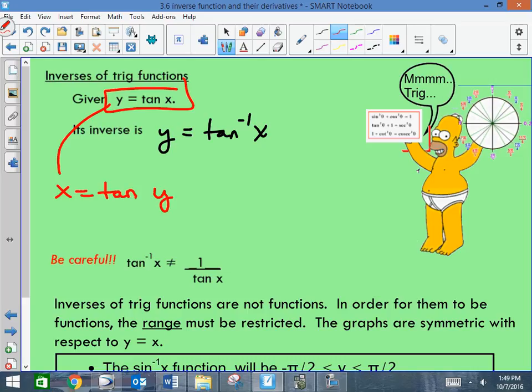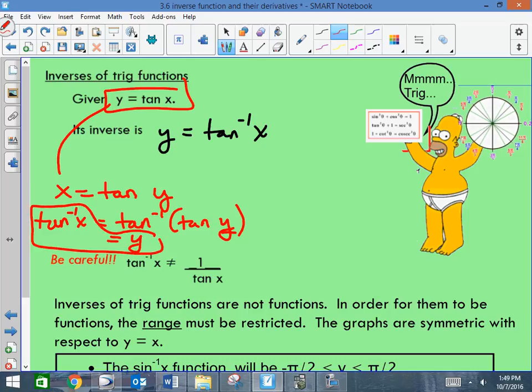We do this in pre-calc. And then what would we do to get y by itself? That's right. Inverse tangent on both sides. Inverse tangent of tangent is y. Right. There we have it. Okay? But we don't have to do that because we know what the inverse is.